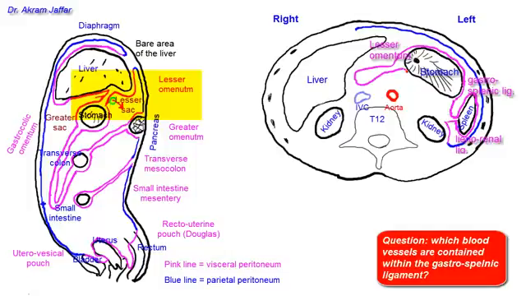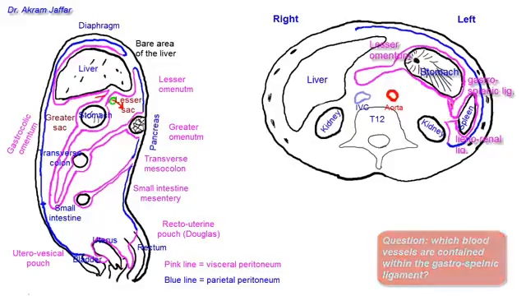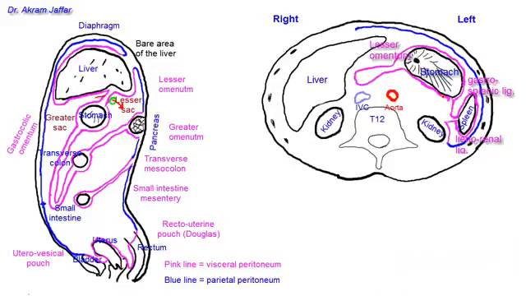stomach it covers the posterior surface of the stomach until it reaches the greater curvature and is reflected back to the spleen. So the visceral peritoneum here on the posterior surface of the stomach will reach the greater curvature of the stomach and will be reflected from here to the hilum of the spleen again, creating the second layer of the gastrosplenic ligament.